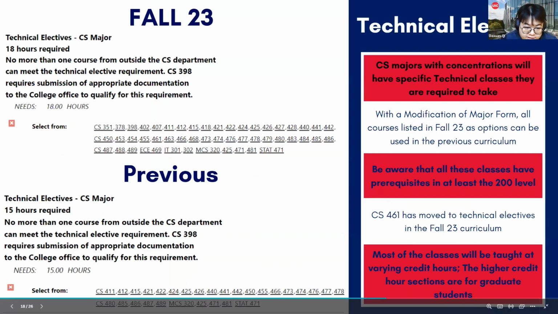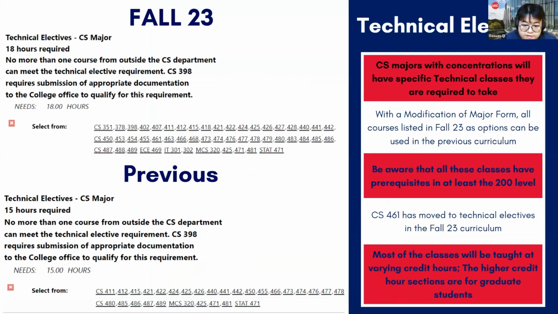Okay, technical electives. This is going to be the section that is going to require the most flexibility in your planning. Every version of the CS major will have their technical elective section appear differently. The same will apply to the 400 level class option within the data science and CS majors as well, where this is the version without concentration.